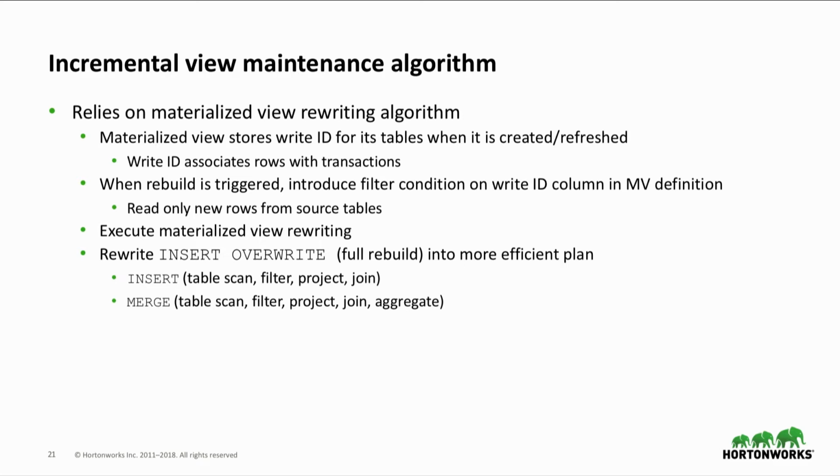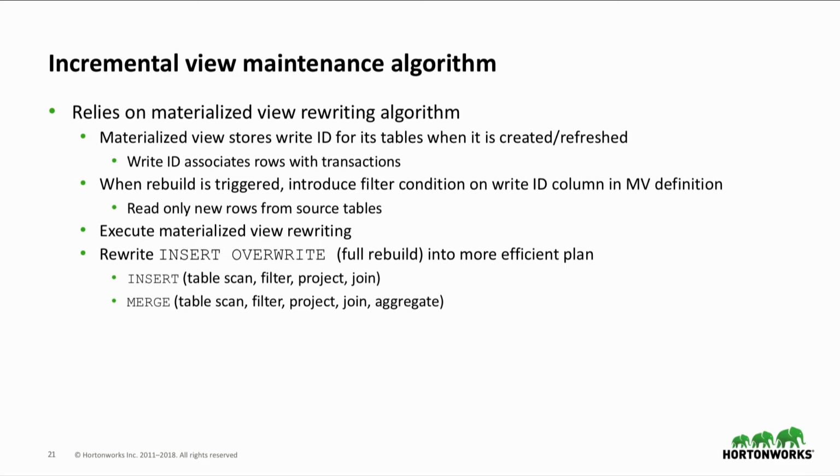And then when the rebuild is triggered, we introduce a filter condition where we say, okay, we want, for instance, write IDs that are greater than 1,000. The good thing is that way we will only read new rows from the source table, but the really cool thing is that the rewriting, the materialized view based rewriting that I was describing, can kick in because it's like a normal filter, right? It's like you're filtering by date or any other column. So we basically rely on the same rewriting algorithm.